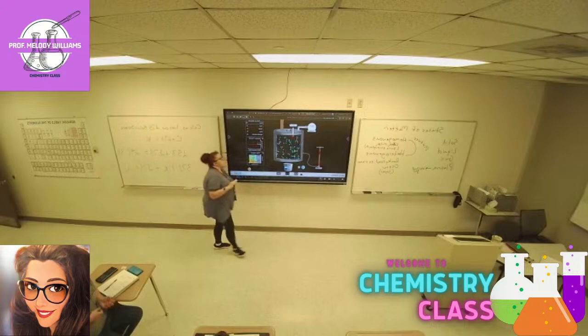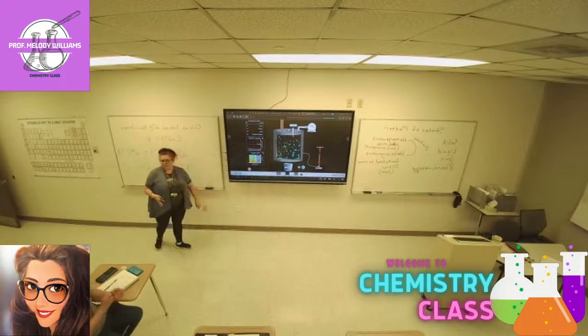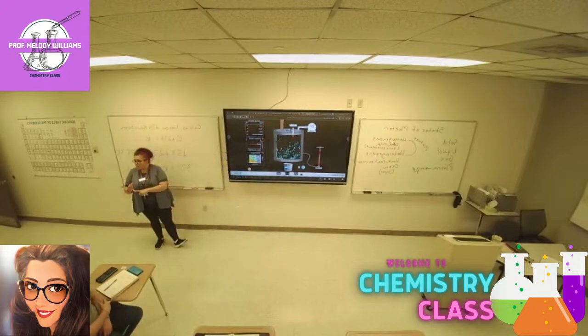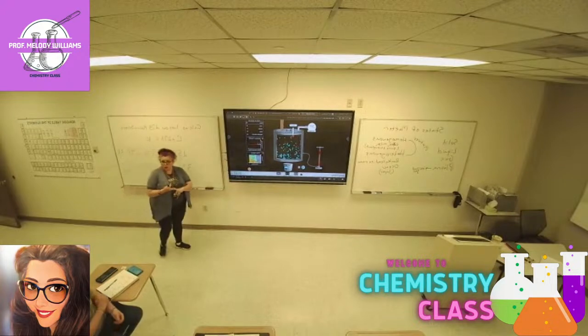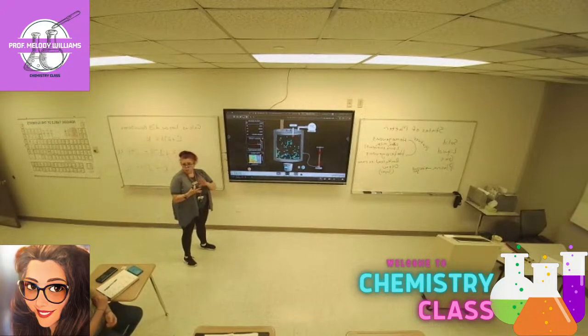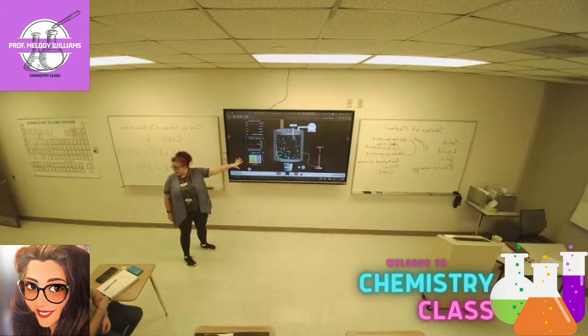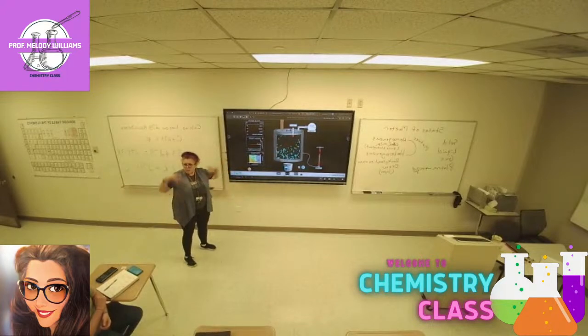If I reduce the pressure, that's going to affect the state of matter. Temperature, pressure, and volume all play a role in what state of matter we're dealing with. Okay? We'll get more into this with the ideal gas talk. So I'm just priming y'all with coming events, right?